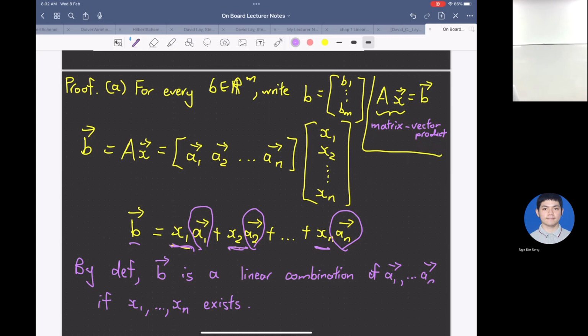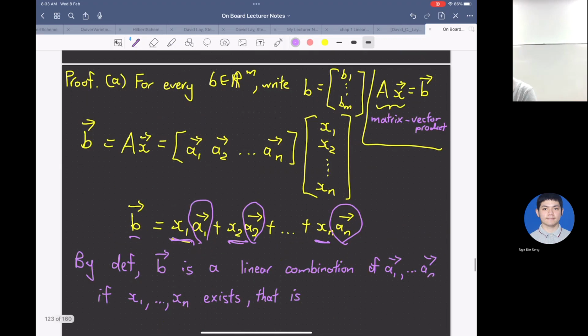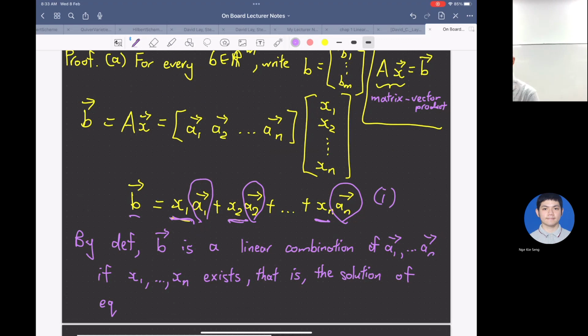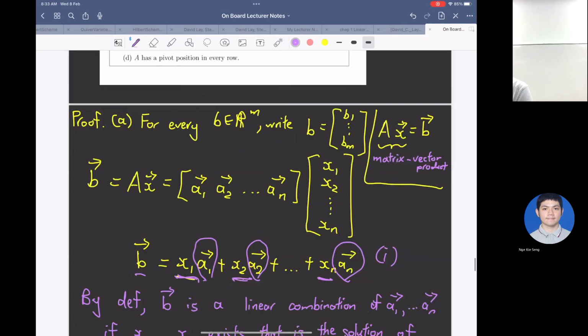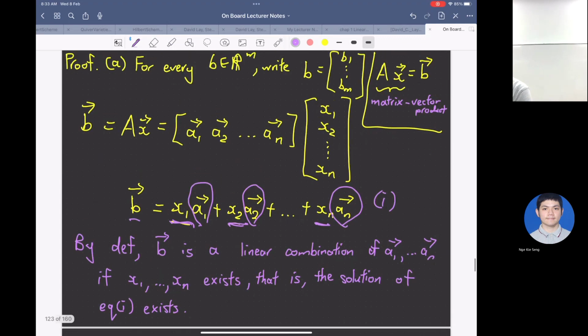This means there's a solution, that is, the solution to equation 1 exists. Any question or not? Any question? No. Okay.